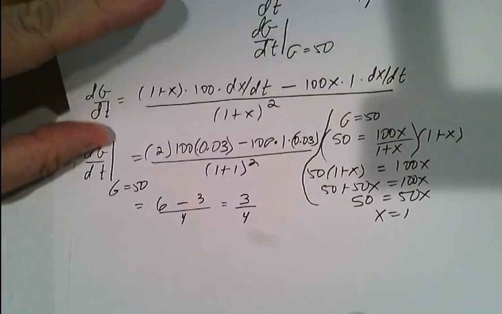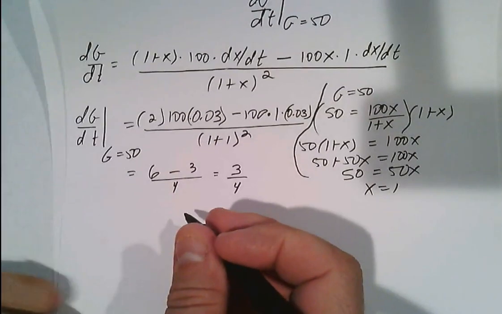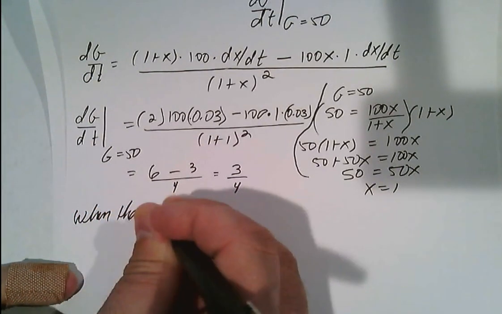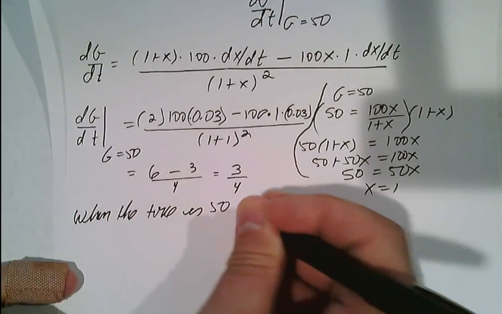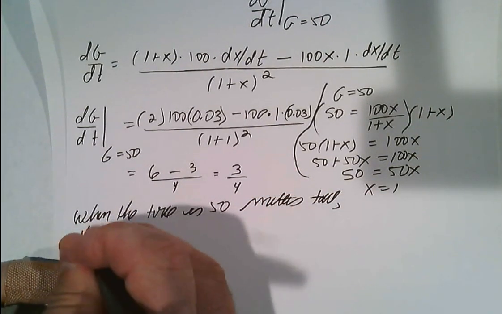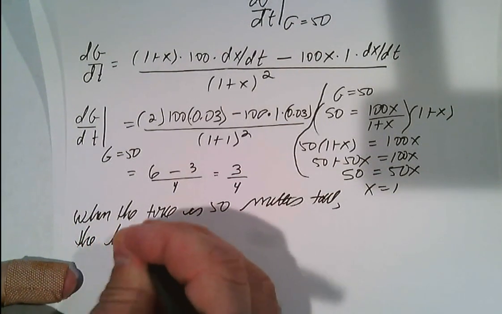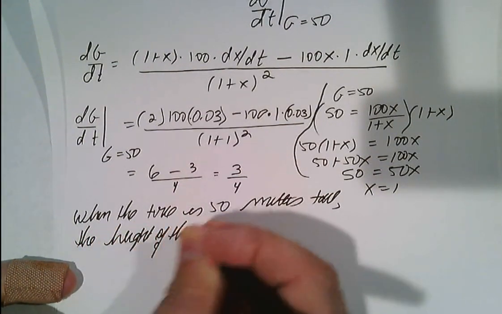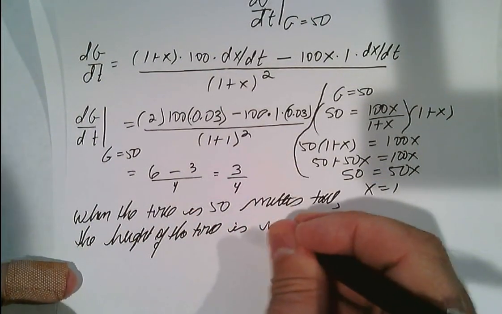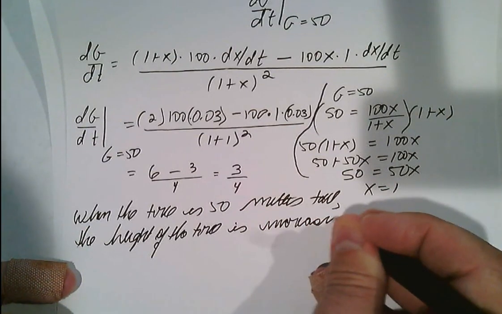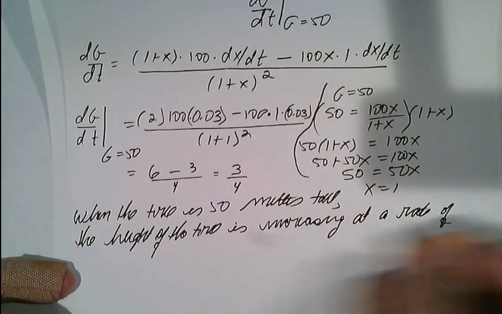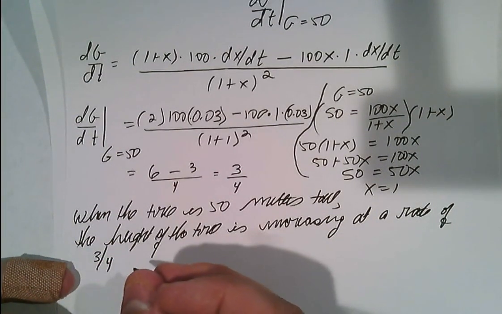So if you want to wrap this up and explain it in a sentence, what I would say is when the tree is 50 meters tall, the height of the tree is, this is a positive rate, so we're going to say is increasing at a rate of 3 over 4.